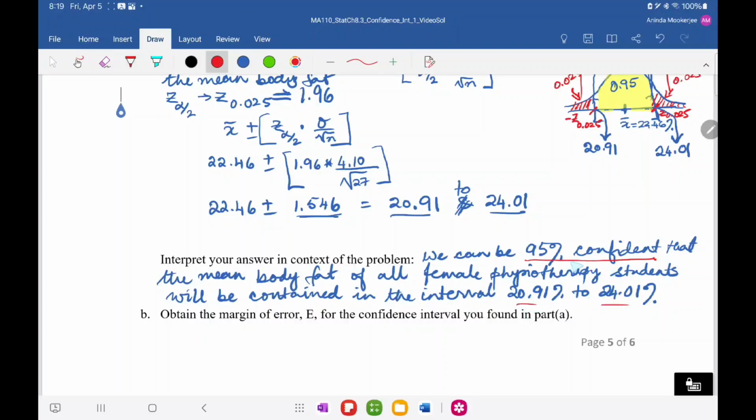So that's why you have to qualify your confidence interval with a percentage value. So we can be 95% confident that the mean body fat of all, if you're not using the words population mean, then you have to use the word all. So the mean body fat of all female physiotherapy students will be contained in this interval, and then you have to state the endpoints of your interval.